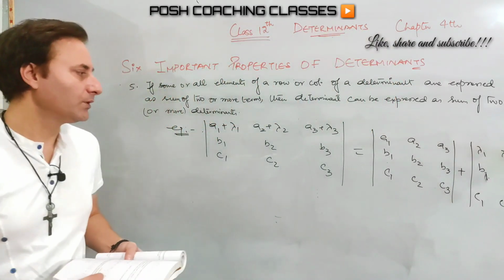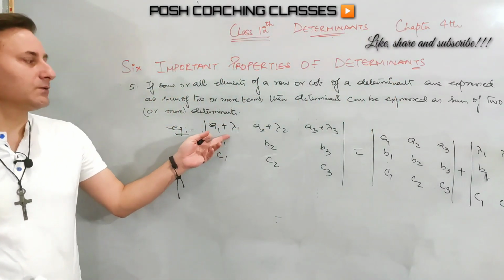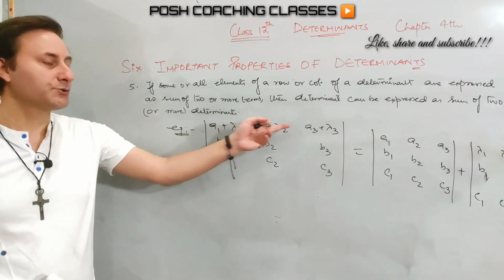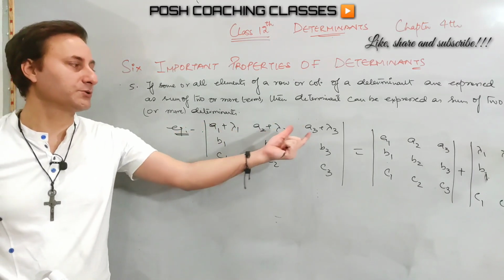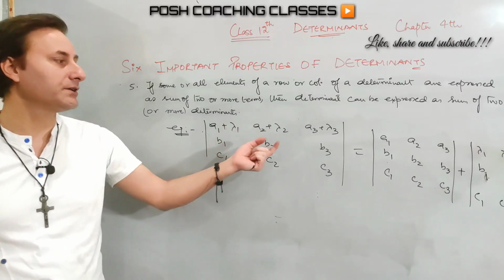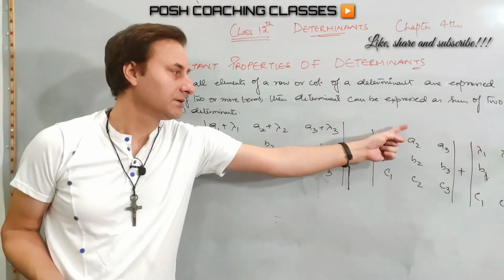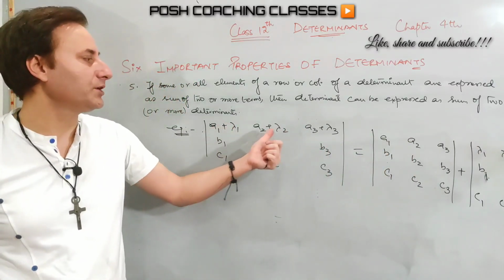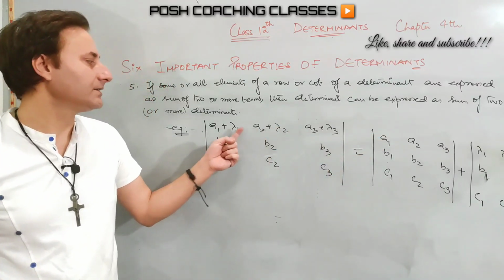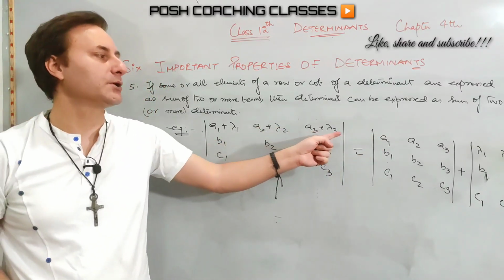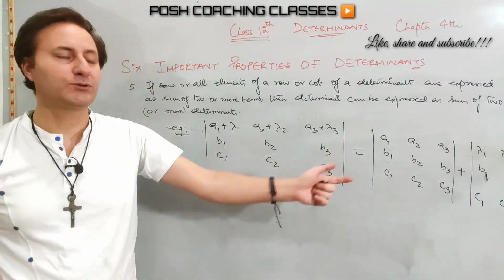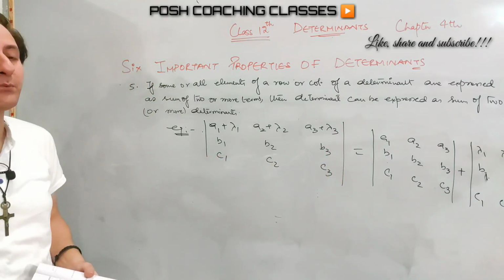If you understood, the first row was made up of 2 terms, so we just divided the 2 terms. In the first determinant we have a1, a2, and a3, and in the second one we have lambda 1, lambda 2, and lambda 3. The rest is the same. So this is our fifth property.